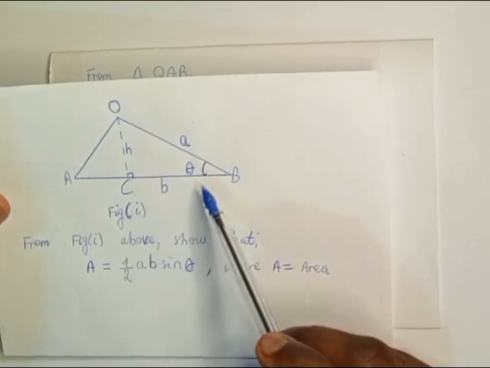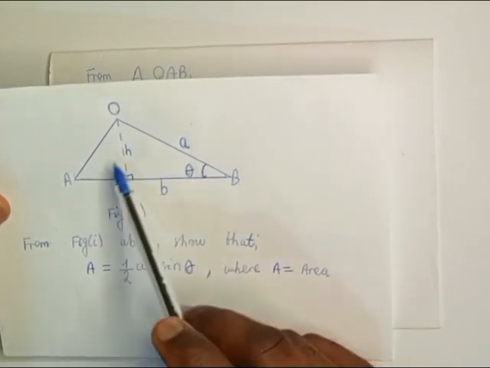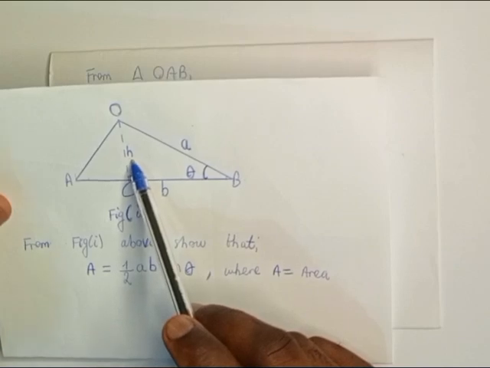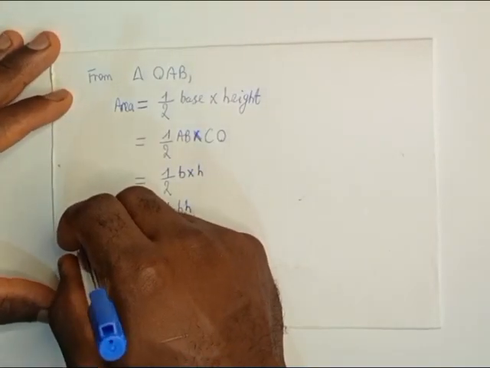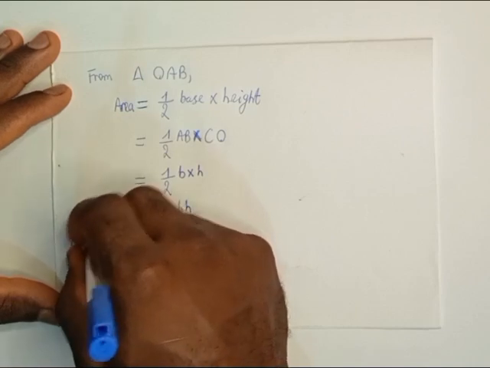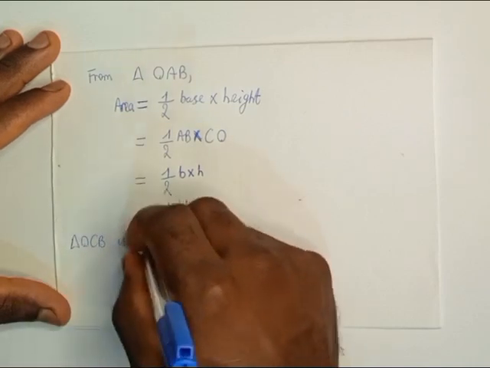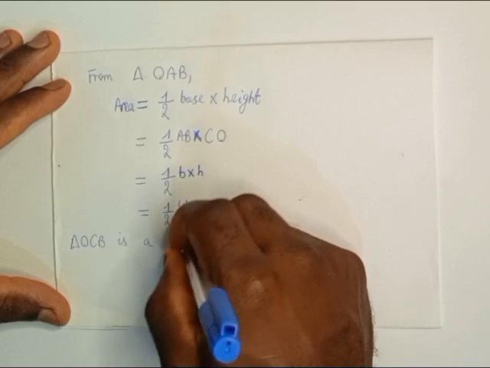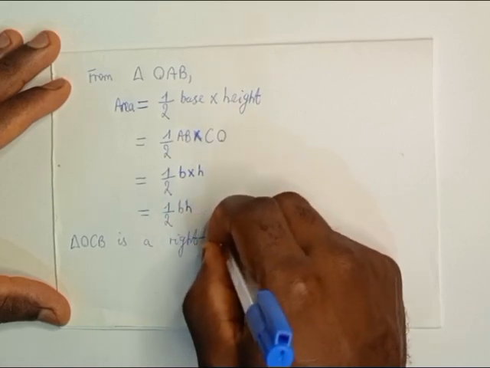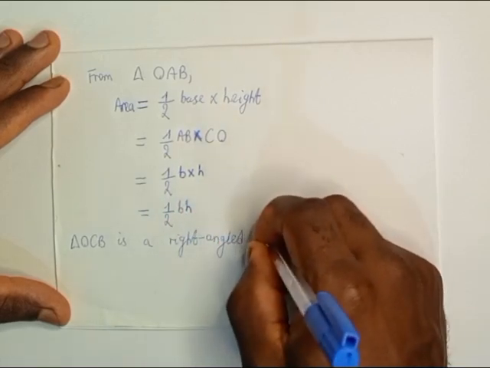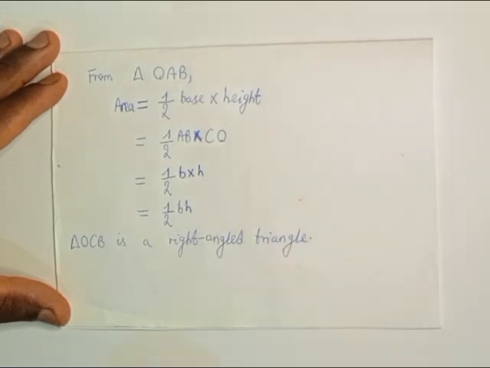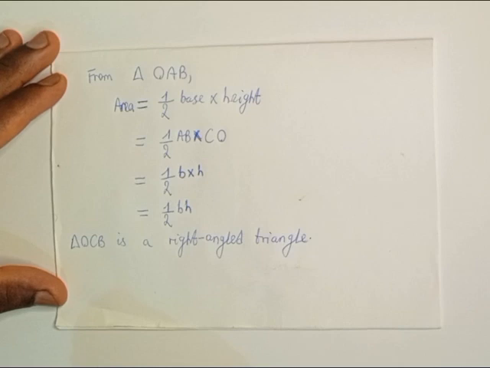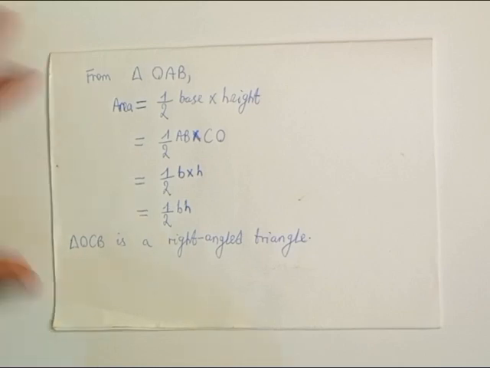By making use of our knowledge of trigonometry ratios, we can find H. By making use of triangle OCB, we can find H.